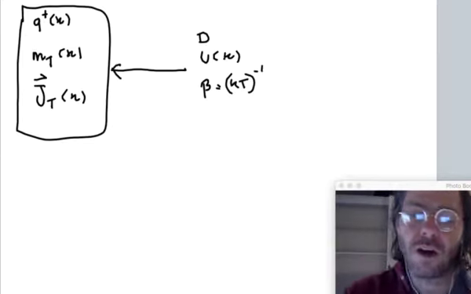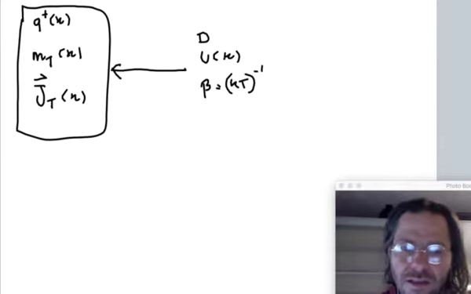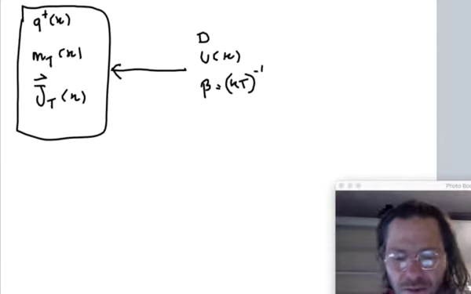So in other words, how can we calculate these three stochastic descriptors given the model?